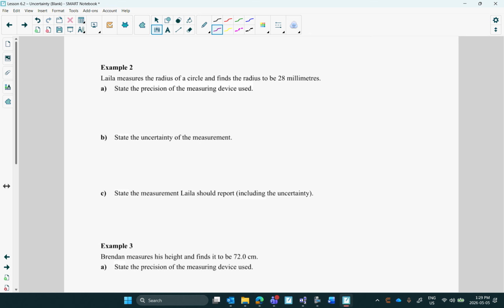Layla measures the radius of a circle and she gets an answer of 28 millimeters. What is the precision? Nearest 1. Nearest millimeter, right? Because there's no decimal points. It's not nearest 10th, it's not nearest 100th, it's nearest whole millimeter.